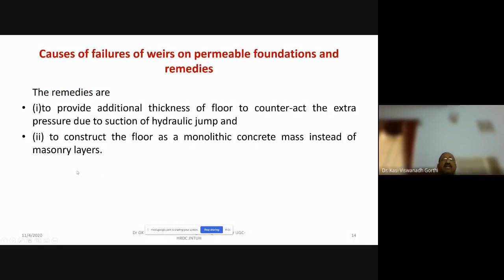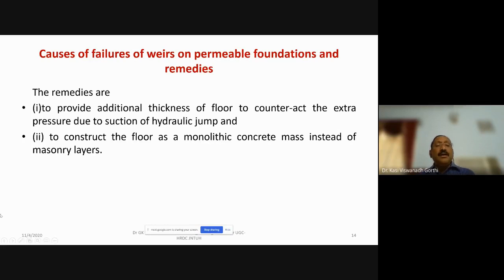The remedy for this type of failure is to provide additional thickness of the floor to counteract the extra pressure due to suction of the hydraulic jump. So when you are designing the thickness of the floor at various sections, both on the downstream side and upstream side of the weir, we need to see that sufficient thickness is provided to take care of this suction also.